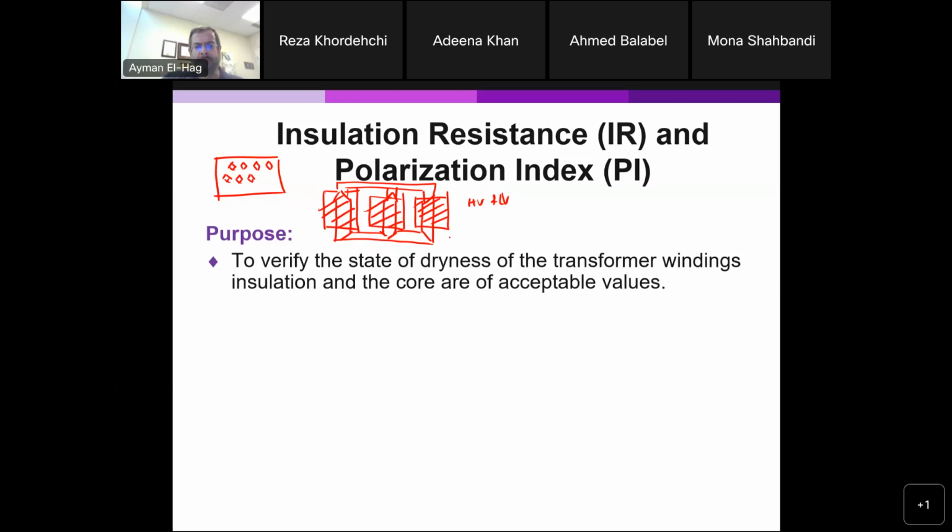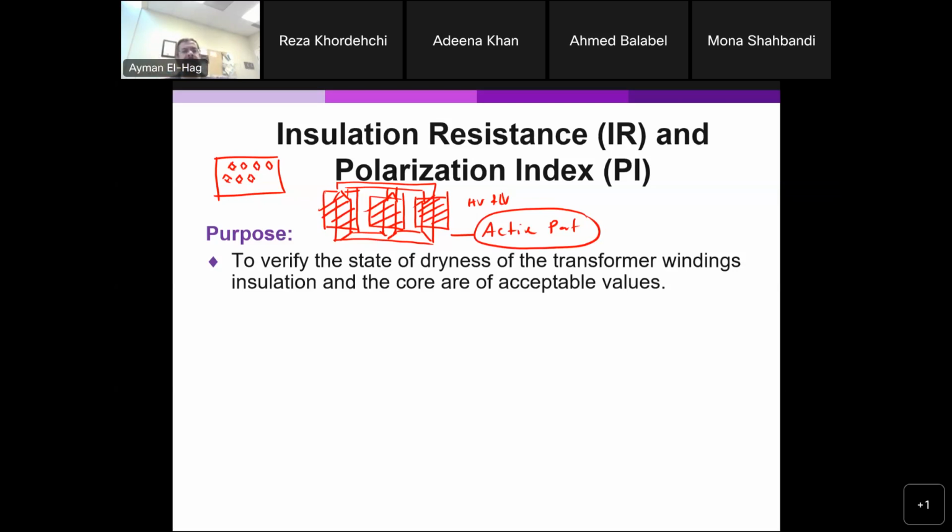We call this the active part because this is where you have the induced voltages, the flux, the current, everything. The rest of the transformer is not active; there is no energization. The other parts of the transformer are for protection, for cooling, when it comes to the oil and so on and so forth. So we need to get rid of the moisture.